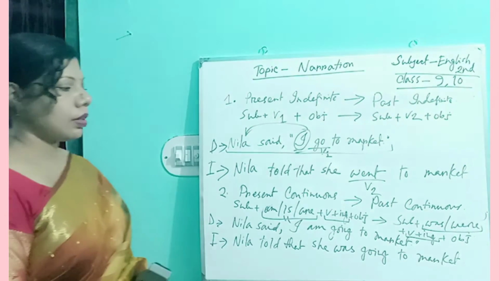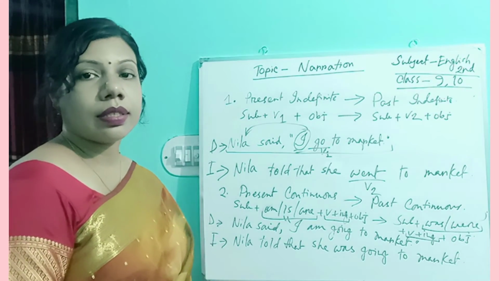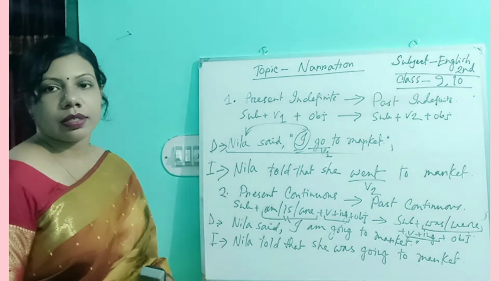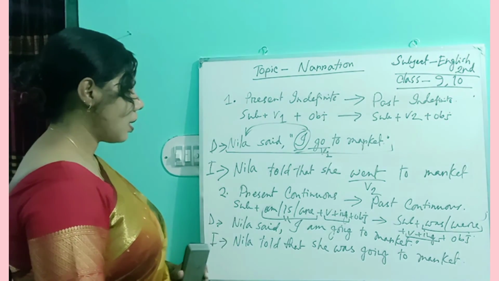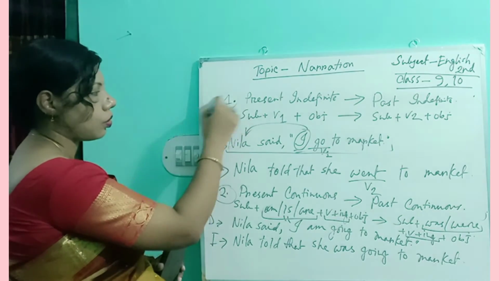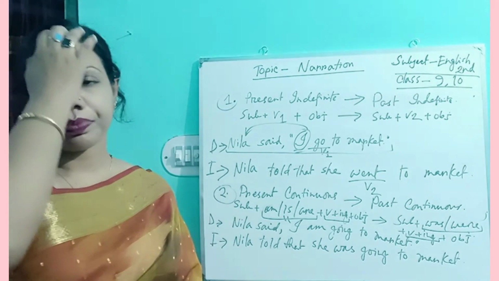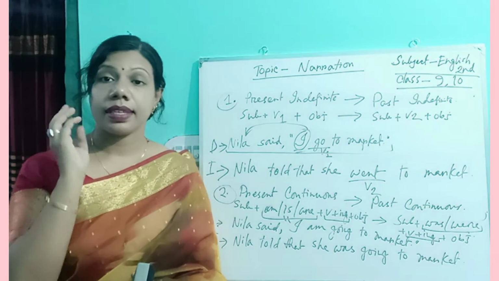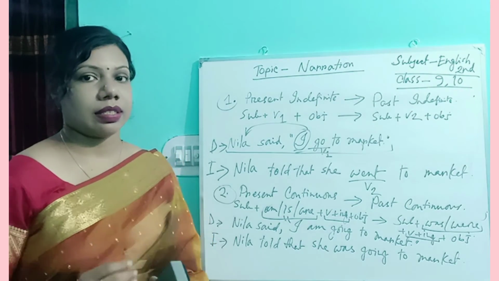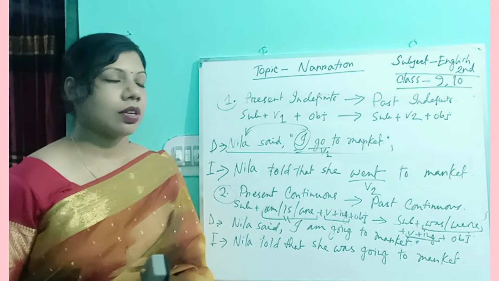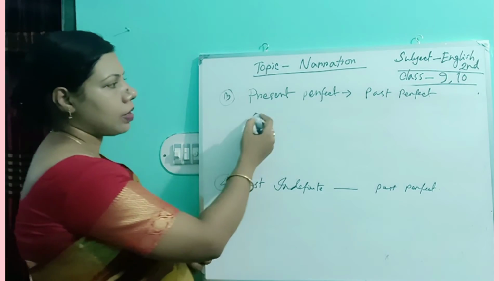This is the change, and this is number 2. So we will learn about 6 tense changes. Number 3, present perfect.